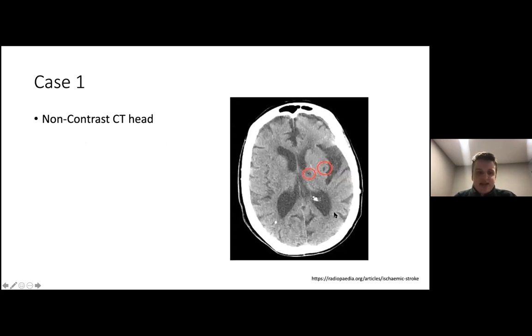This is the CT head of this patient, very handily circled on the slide here. You're looking at the left hemisphere, and that is an ischemic stroke he's had, a lacunar stroke.